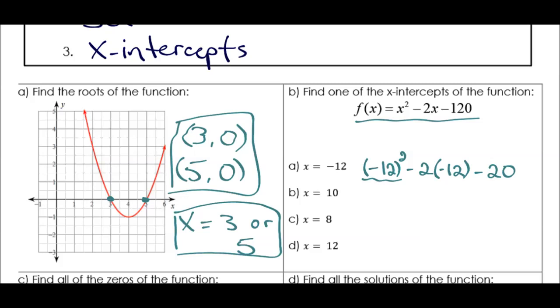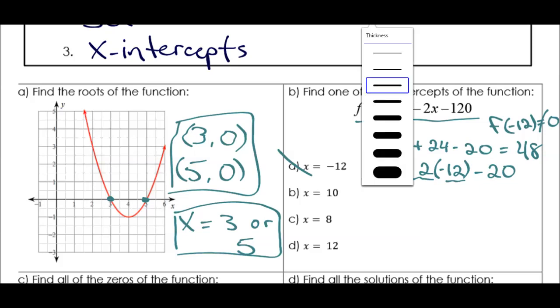When we evaluate this, we're going to do 12 squared, that's 144, minus, really that's going to become a plus because it's a negative times a negative, that becomes plus 24, minus 120, that equals 48. That is not what we're looking for. We're looking for the answer, the f of negative 12 should equal 0, but it doesn't. That is not a solution or an x-intercept or a root or a 0 of that function.